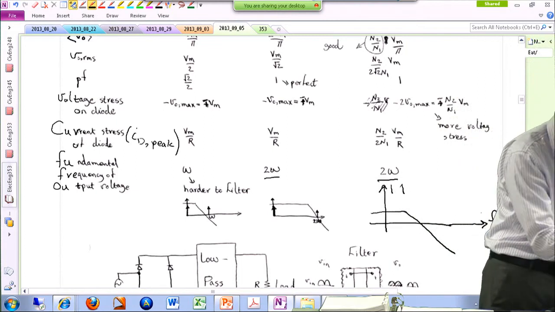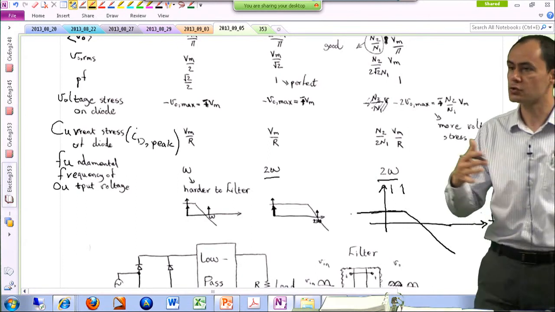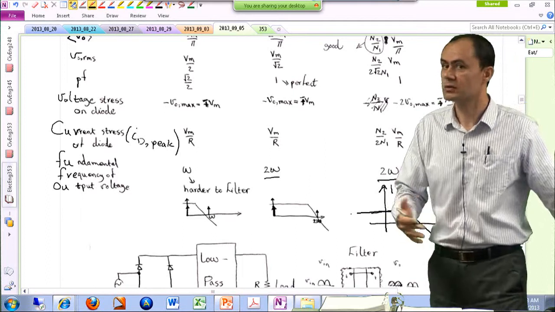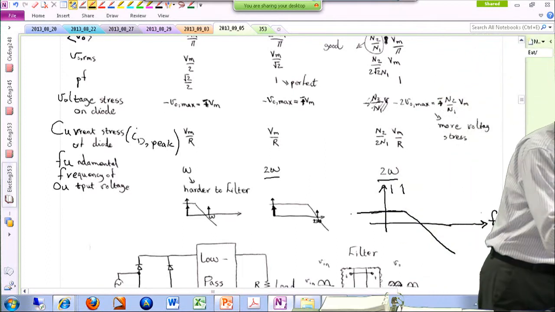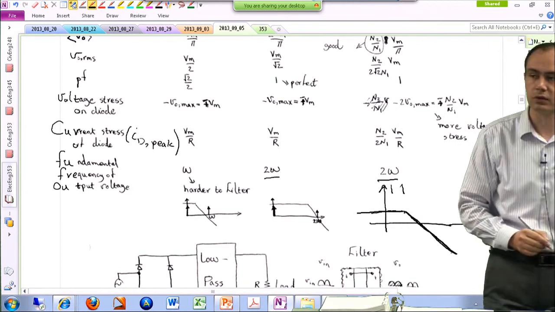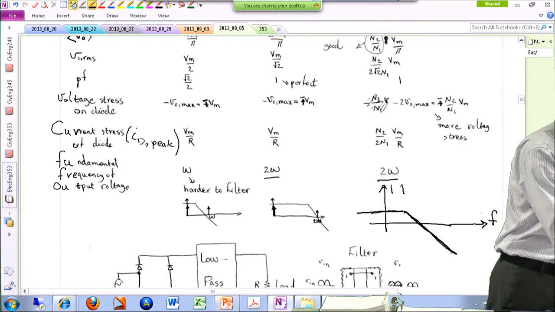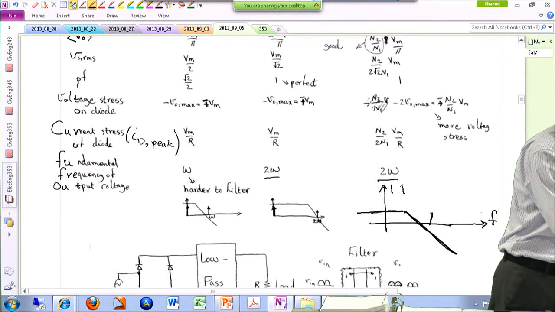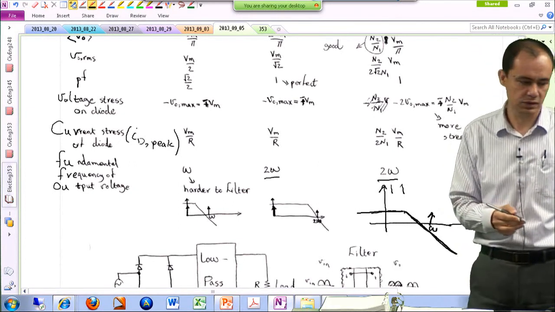A low-pass filter, if you are not familiar with it, basically allows low frequencies to pass, for instance a DC or zero frequency, which is what we desire in a rectifier, and attenuates higher order frequencies. So if you design a filter like this, and you're using a half-wave rectifier and omega appears over here, you can see you have a little bit of attenuation at that particular frequency.